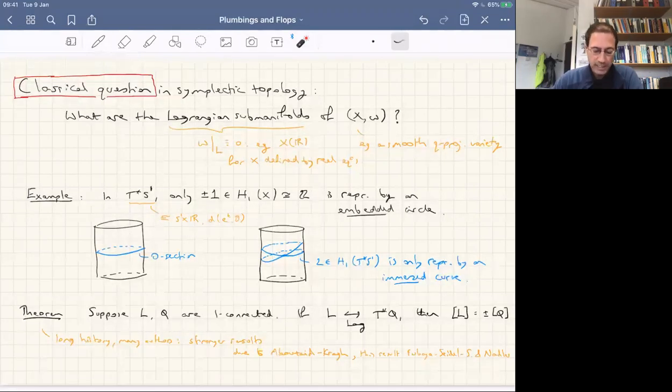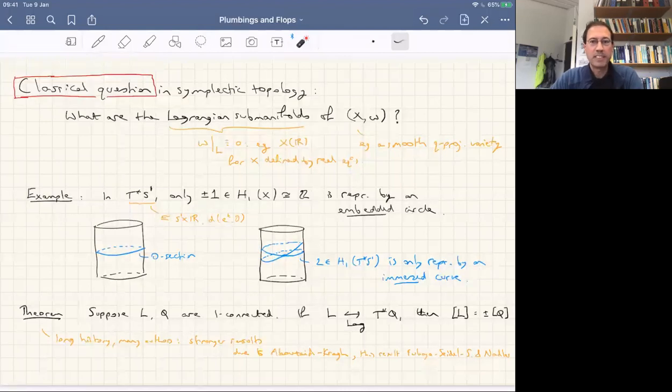A very basic question we could ask is, what are the homology classes realized by Lagrangian submanifolds with certain geometric properties? For instance, we might ask about exact Lagrangians, or simply connected Lagrangians, or Lagrangian spheres, some class of interest. Let's look at the simplest possible example.